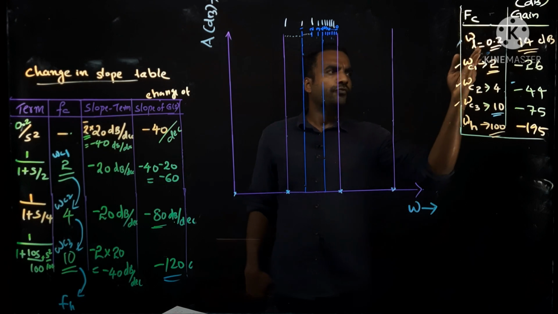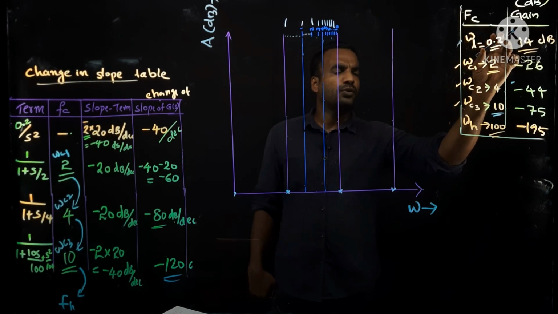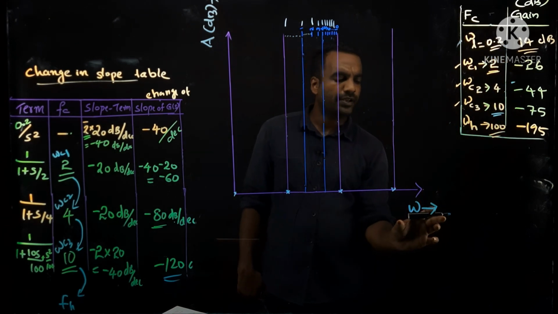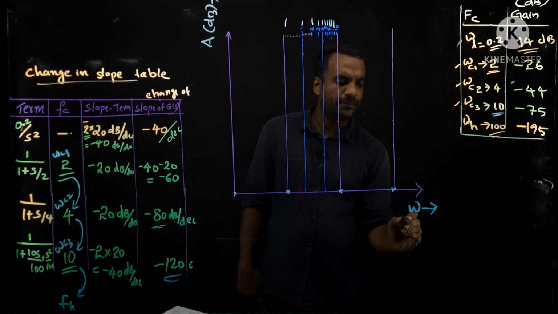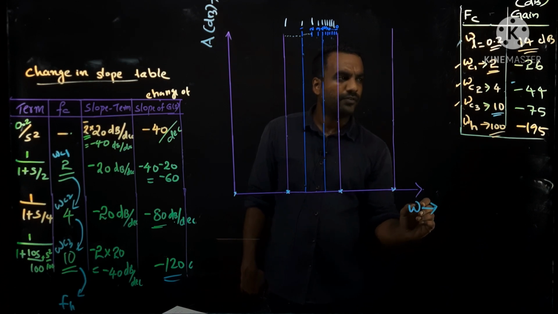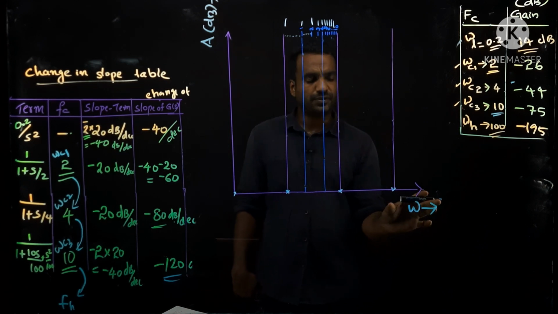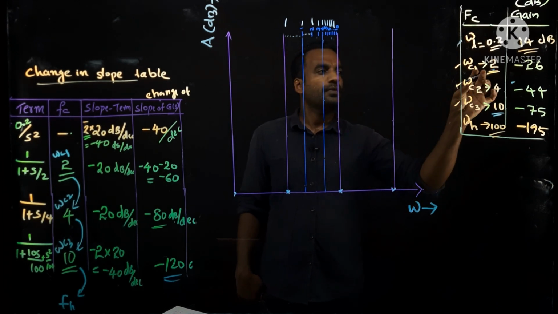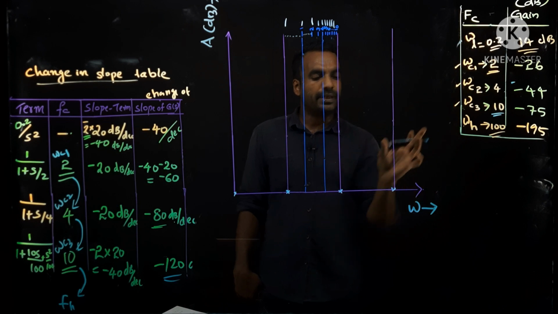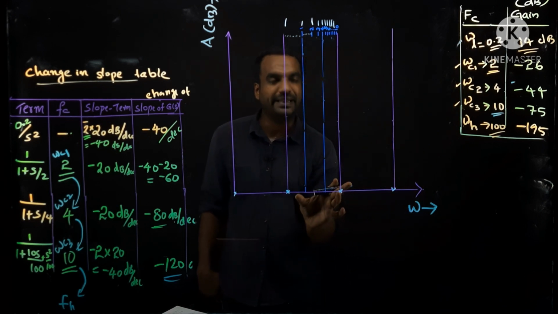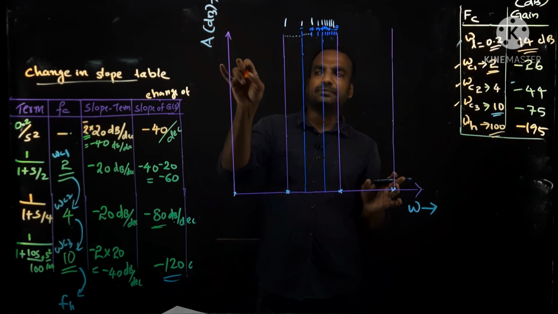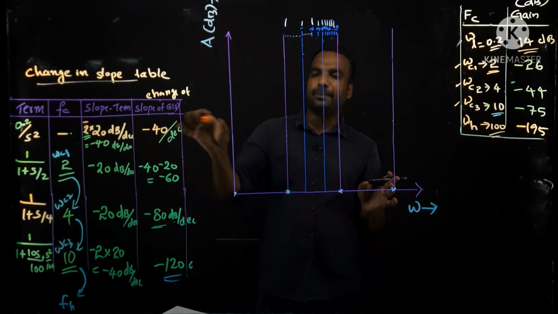So we know we have to provide space for 0.2, 2, 4, 10, 100, etc. Frequency should be specified in decades, because gain is in dB and we are specifying the change of gain in dB per decade.